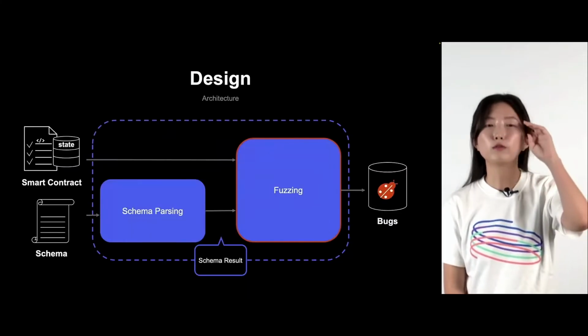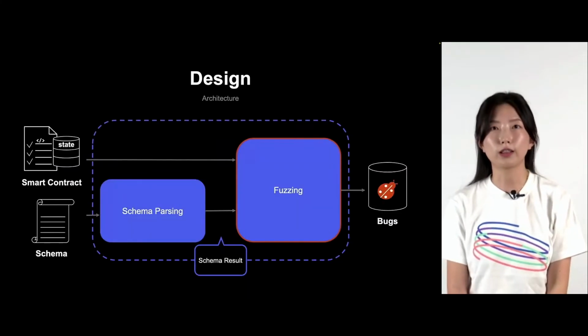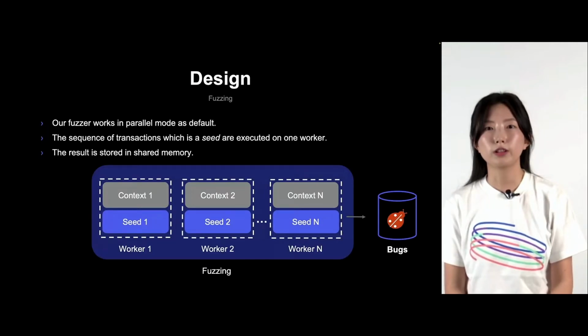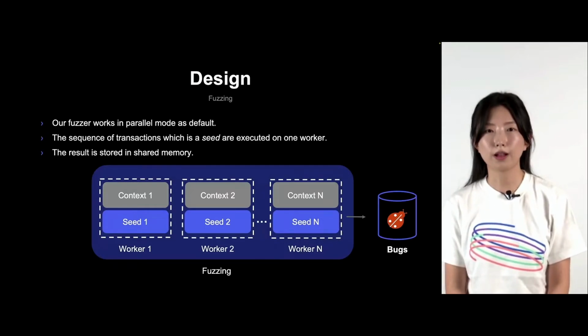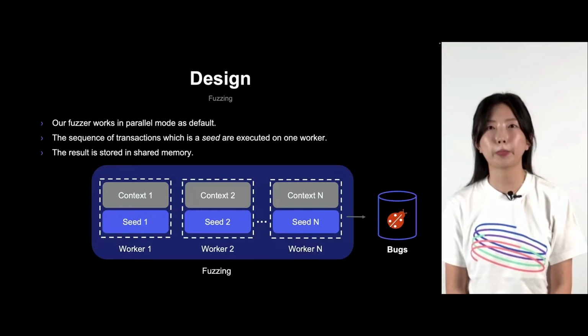And then the fuzzing engine. Basically, the fuzzer is in parallel mode, and as many workers as CPUs are created, and in each worker, a transaction sequence or seed is executed in the WASM VM. Each worker has a different context, and the contexts are only applied to the relevant worker.